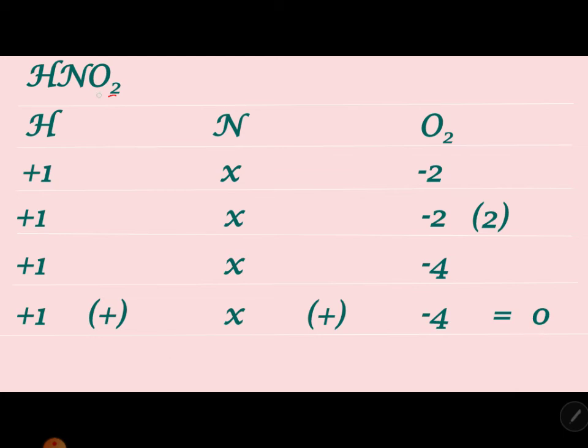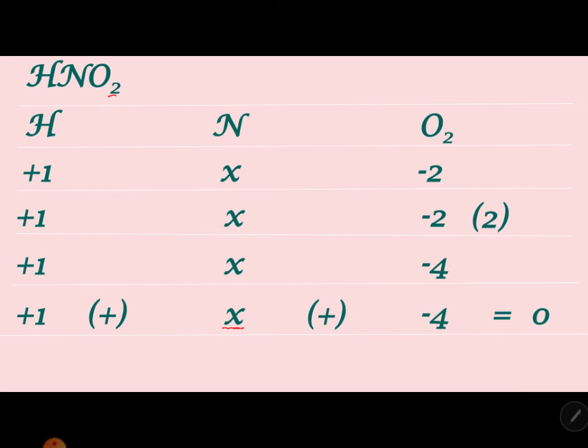Here molecule is nitrous acid, elements are hydrogen, nitrogen and oxygen, and the sum of their oxidation number is equal to 0. So whenever you are calculating oxidation number of an element in a neutral molecule, always write is equal to 0. This is a simple mathematical equation with one unknown X.